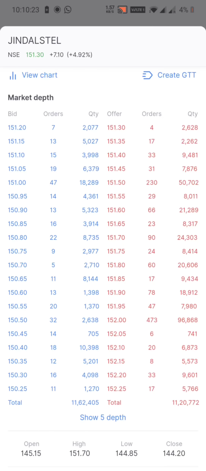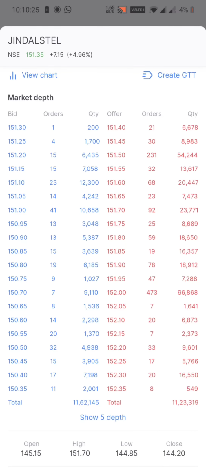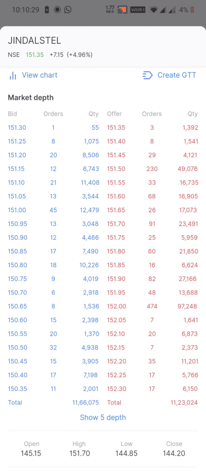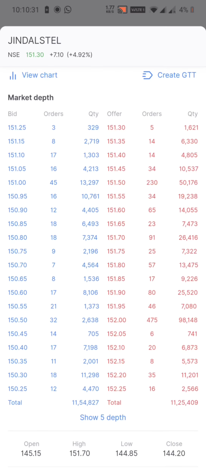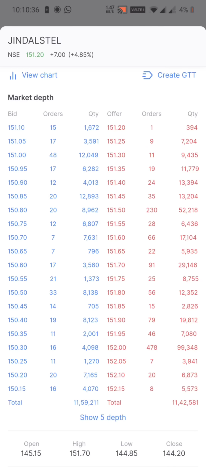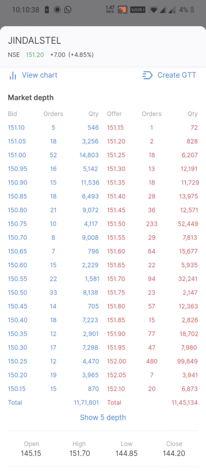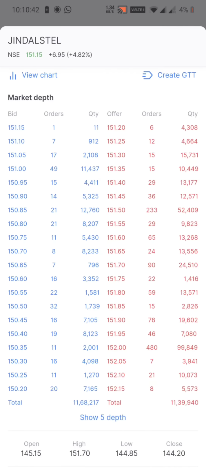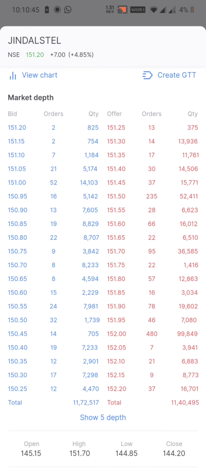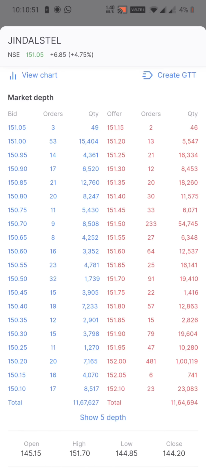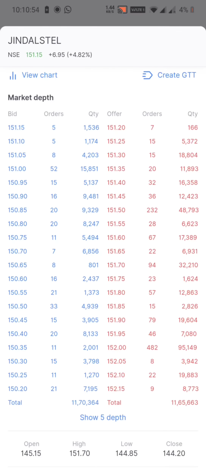If that breaks, then the next big one is around 152 itself. So chances are it's not that it will go so quickly, but at least layer by layer it can go. It would take some time.